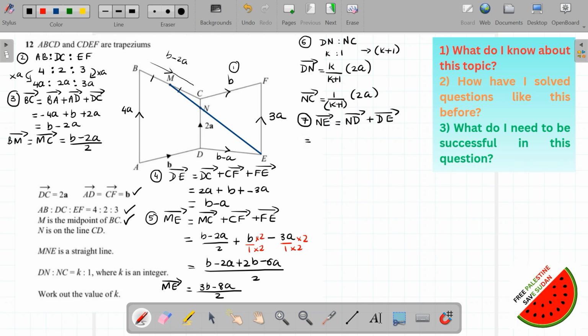I need some space, so I'll just move it over here. Okay, ND is going to be this dn times minus 1 because it's in the opposite direction. So it'll be k times minus 2a over k plus 1.